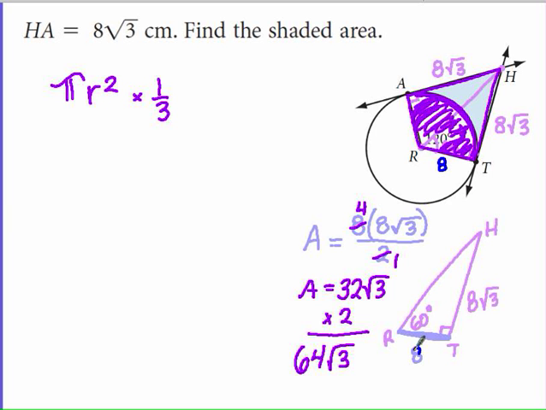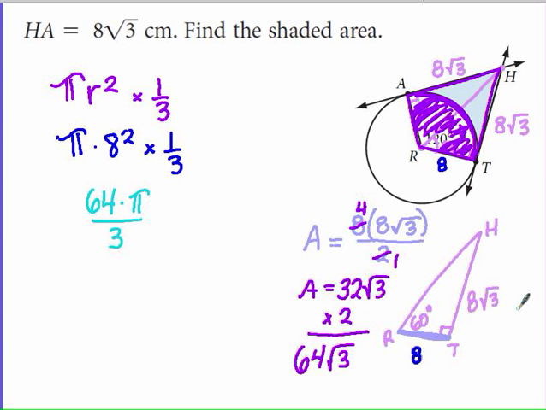So I've got pi times 8 squared times 1/3. What is 8 squared? 64. So really I have 64 times pi all divided by 3. Now that's the area of the sector.